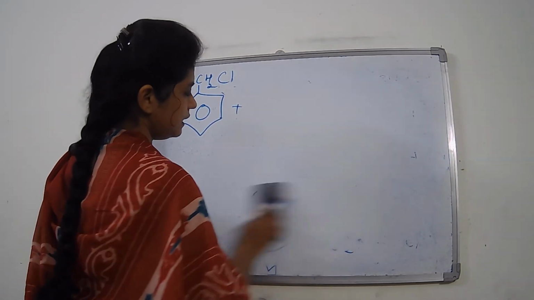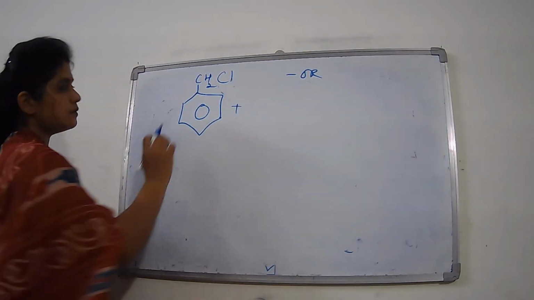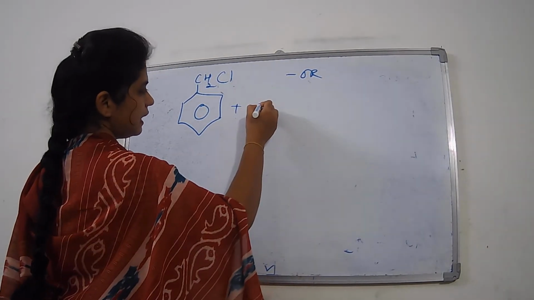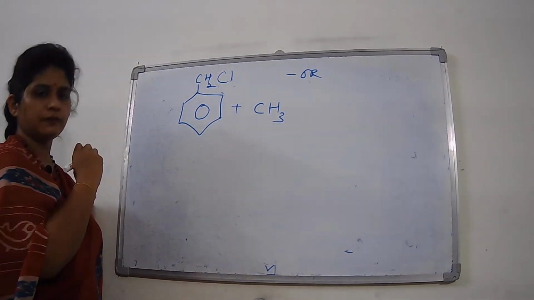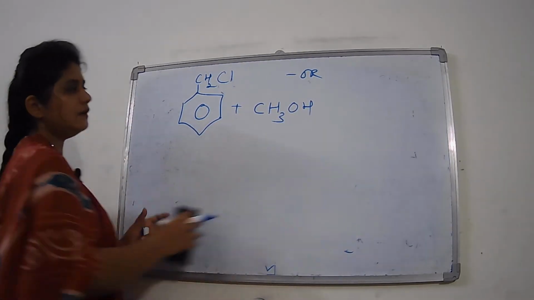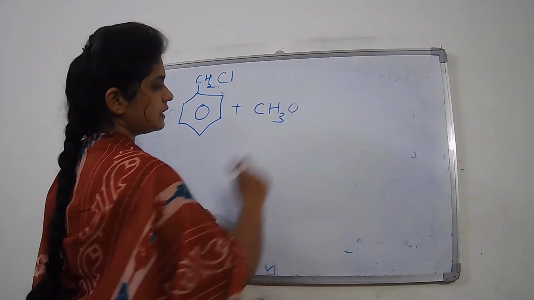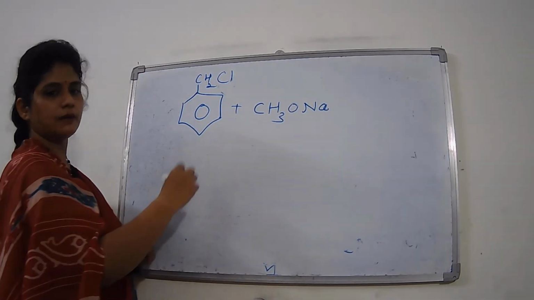The next one is the substitution by OR. It is an ether group. Here benzyl chloride reacts with sodium methoxide. Now what is this sodium methoxide? We know that it is from methanol. Whenever one H of methanol gets substituted by a metal, that is sodium, it becomes sodium methoxide.